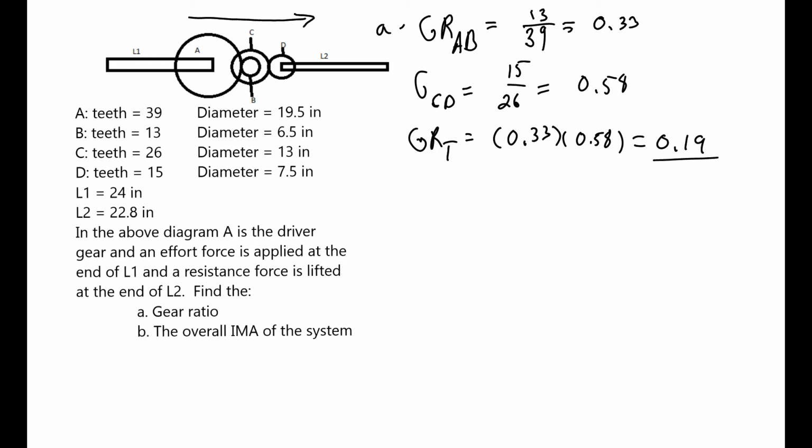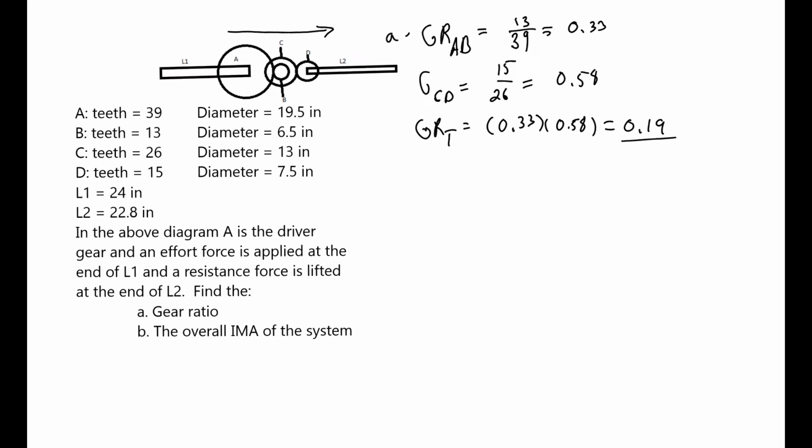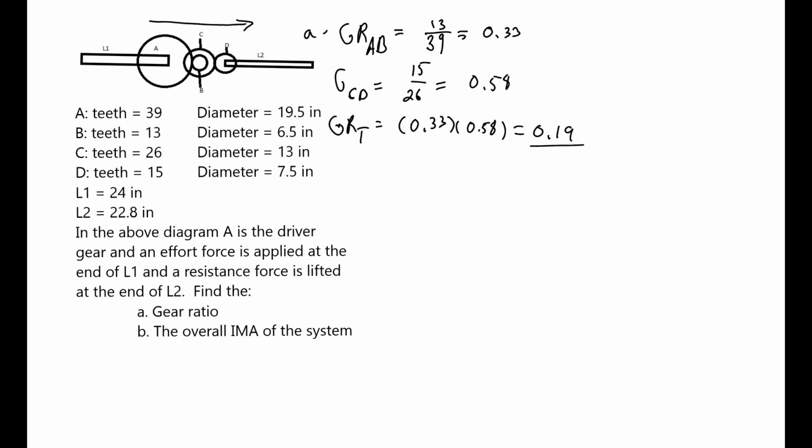Alright, I'm going to shrink that down a little bit. So for B, what is the overall IMA of the system? We need to figure out all the simple machines we have here. What are some of the simple machines we've got?